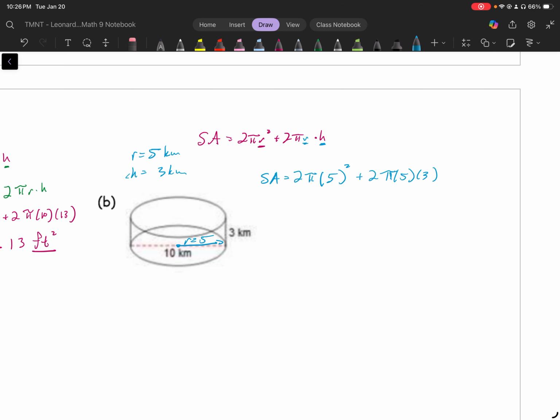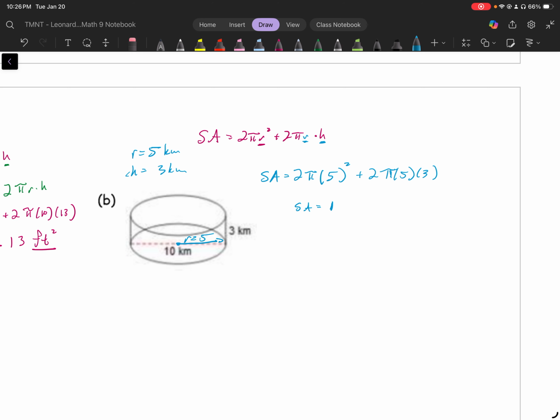After plugging this into my calculator, what I get is that the surface area is going to be 1,822.12 kilometers squared.